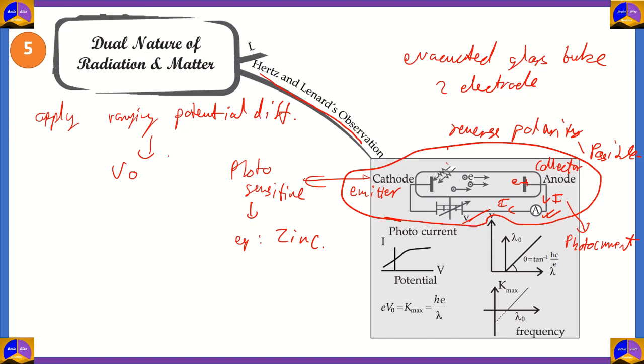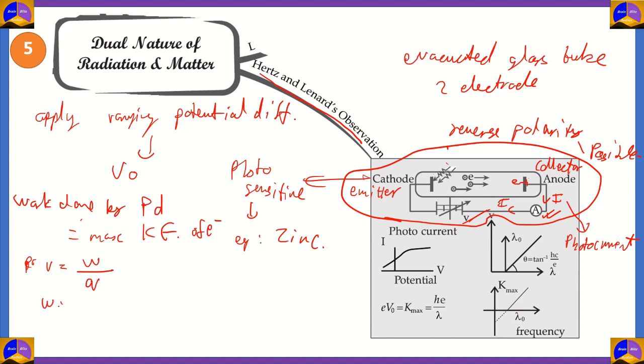When this stage happens, we can say that the work done by the potential difference, that is the stopping potential, is equal to the maximum kinetic energy of an electron. Since potential V is equal to work done divided by charge, work done is equal to QV.